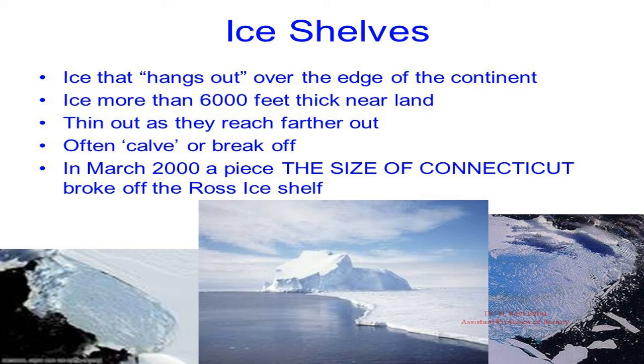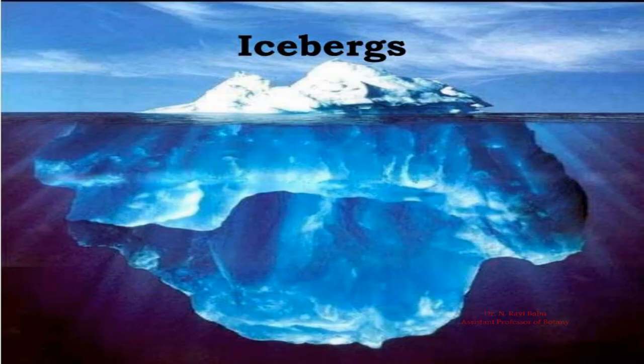And these individual blocks are called icebergs. While afloat in the sea, icebergs assume a tabular or irregular shape, and only one ninth of the mass is visible above the surface.